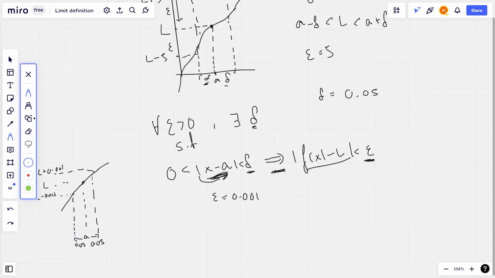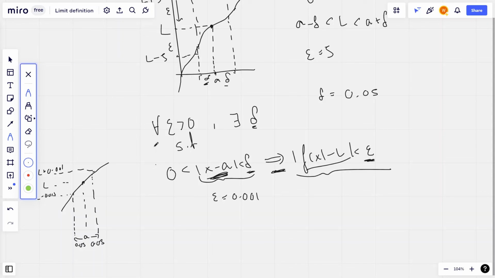If there exists some value of delta, well, if the distance between A and the input is less than delta, then we have that the distance between the output and the limit is less than epsilon.